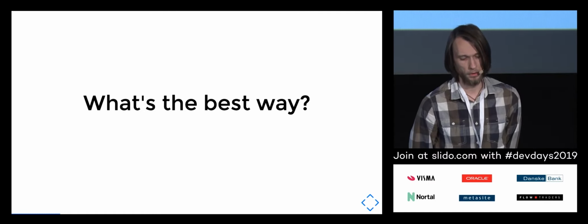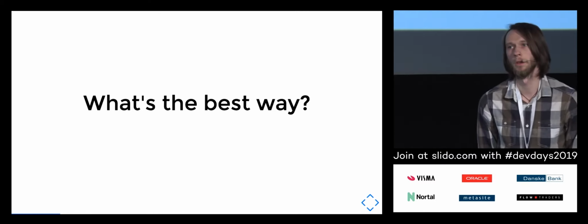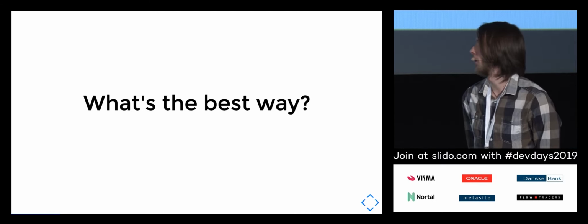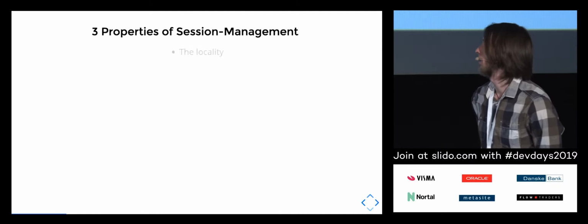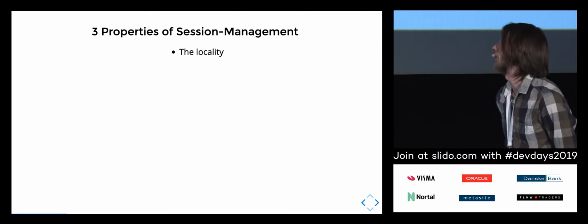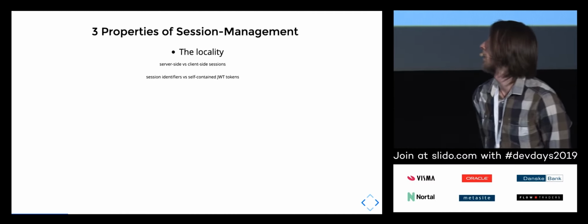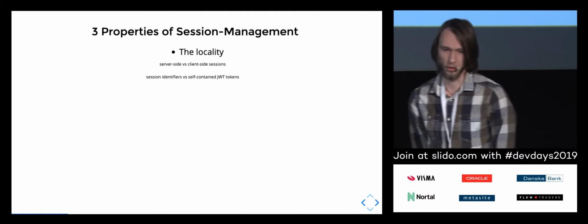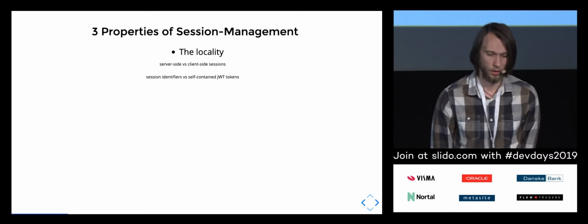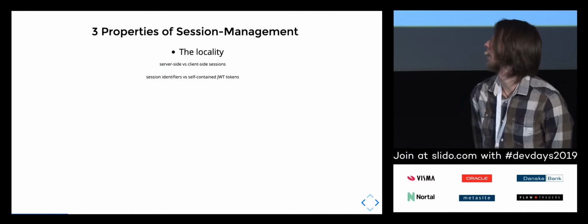To define the best way for our application, we need to refer to three things. They're called locality, which is about the logic behind it: how would you identify your session?